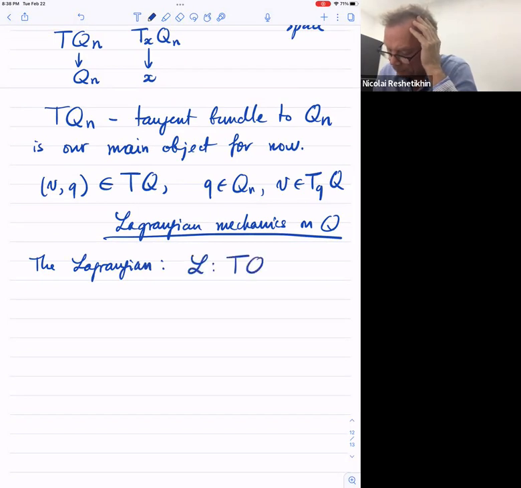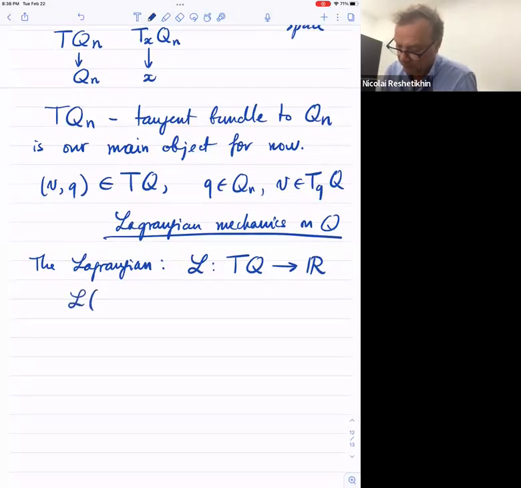It's a function on the tangent bundle with values in R. Physically, it's just a function of velocities and positions.